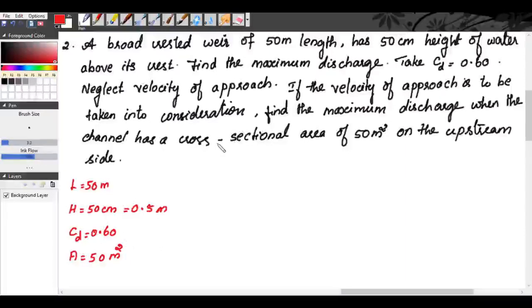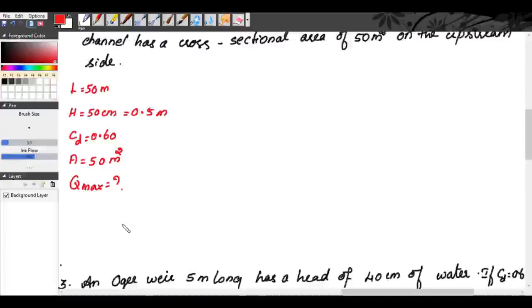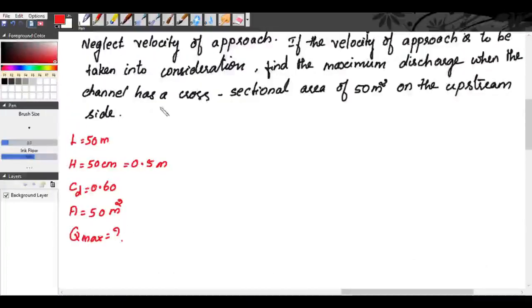So we need to find what is Q max. So case 1, by neglecting the velocity of approach.